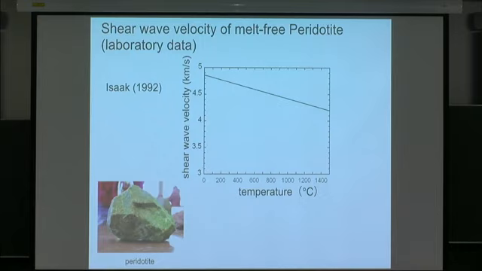If shear wave velocity below this line is obtained in the volcanic source region, until recently, we simply considered that the low velocity is caused by melt. So if we obtain this data, this difference, 5%, was explained by melt.